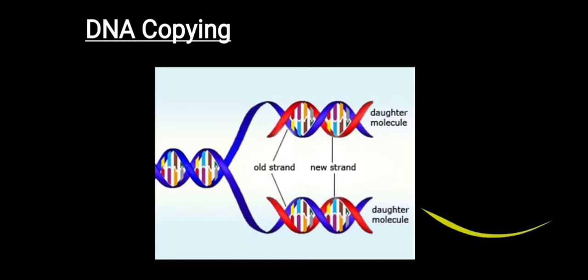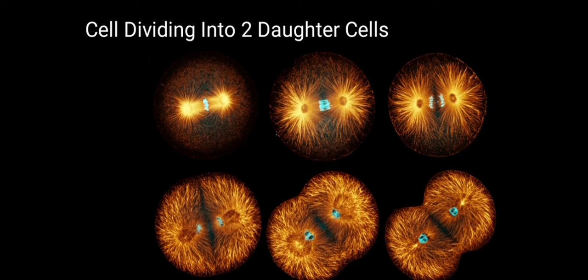But if the cell which has produced a DNA copy just pushes it out, the DNA copy will not give rise to a new organism. It has to produce, along with the DNA copy, the whole cellular apparatus which is needed for the survival of that particular DNA.